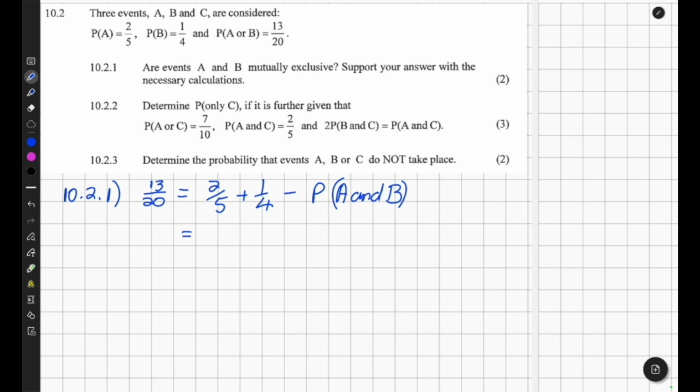Now I can just figure this sum out and then see if the answer is 0, it is mutually exclusive, or not. So I know this is going to be 13 over 20. Then 2 over 5, if I take the LCD as 20, I need to multiply by 4, so this is 8 over 20. And then the other one I need to multiply by 5, so minus 5 over 20. And that is actually going to be 0, so this is mutually exclusive.